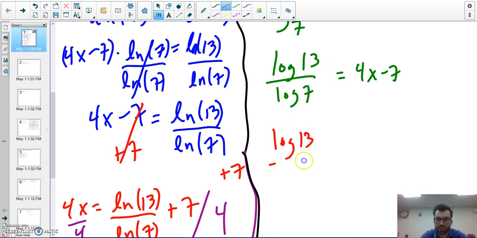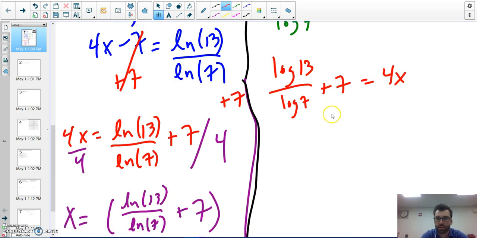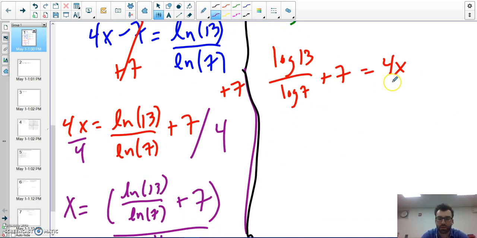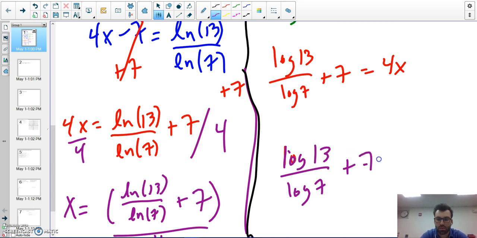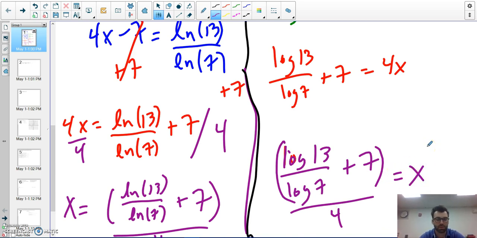Log of 13 divided by log of 7 plus 7 equals 4x. Then divide everything by 4, all over 4, and you should still get 2.08.